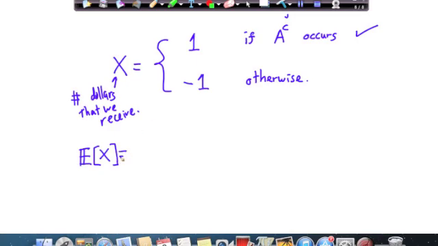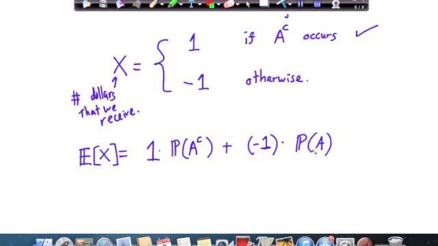Since there are two cases, in the first case when the complement of A occurs, we'll receive $1. That happens with probability given by the event A complement. Otherwise, we will get -$1. That happens if the complement of A does not occur, which means if A occurs.